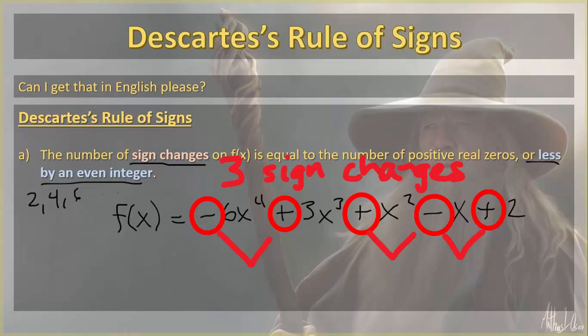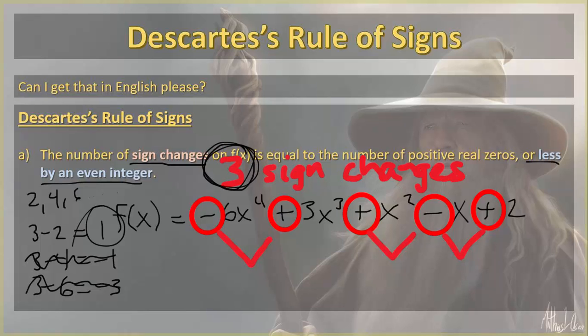So basically we're going to take this and every number that's less than it by an even integer. 3 minus 2 is 1. 3 minus 4 is negative 1. 3 minus 6 is negative 3. Now these negatives don't make any sense. You can't have a negative number of answers. But you can have 3 or 1. There are 3 or 1 positive real solutions.